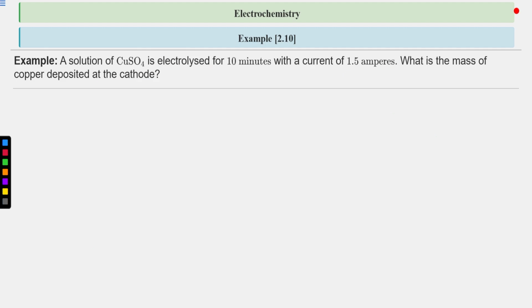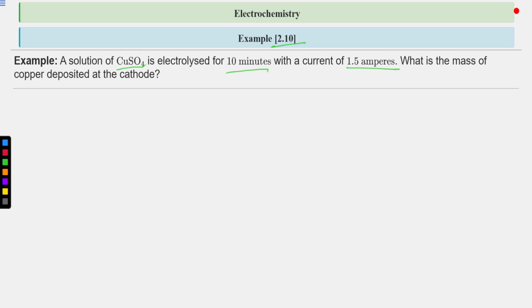Now let's do the example, which is marked as example 2.10 in our NCERT textbook. The example says that a solution of copper sulfate is electrolyzed for 10 minutes with a current of 1.5 ampere. What is the mass of the copper which is deposited at the cathode?